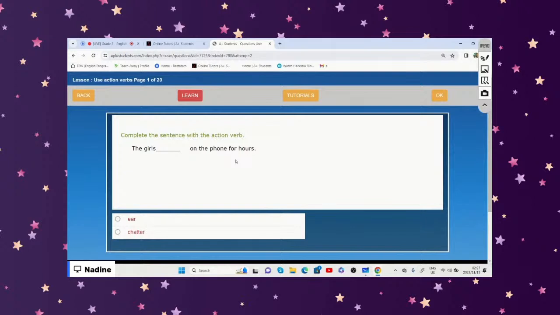So the girls ear on the phone for hours or the girls chatter on the phone for hours. So what did the girls do for hours? Remember, an action verb is a doing word. So in order to identify the verb, you need to ask yourself, what is the person doing?